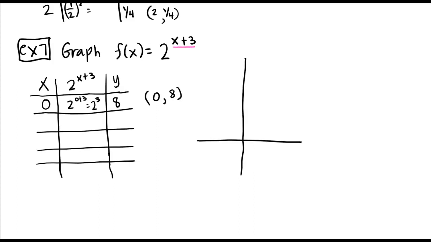So I want to choose -3 as my x value, because that's going to make my exponent 0. When I put it in, I've got 2 to the -3 plus 3 power, which is 2 to the 0 power, which is 1.